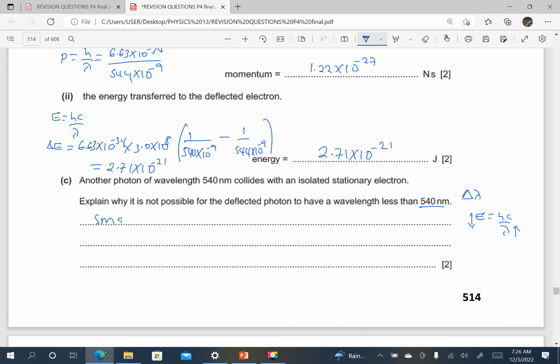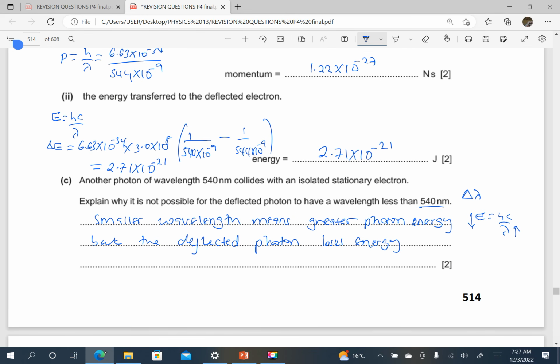A smaller wavelength would mean greater photon energy, but we know that the deflected photon loses energy, so it is not possible.